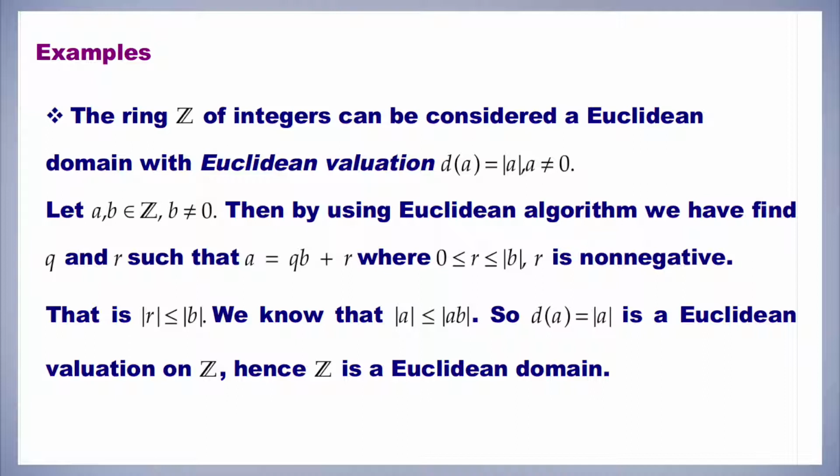Then, by using the Euclidean algorithm, we can find q and r such that a = qb + r, where r is non-negative, that is, 0 ≤ r < |b|. We know that |a| ≤ |ab|. So d(a) = |a| is a Euclidean valuation on Z and hence Z is a Euclidean domain.